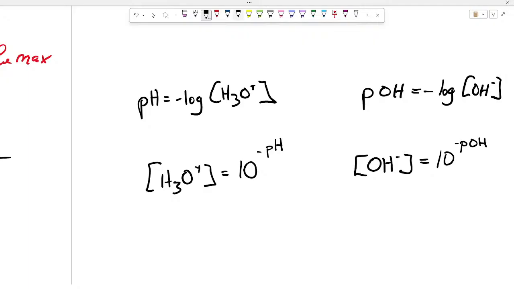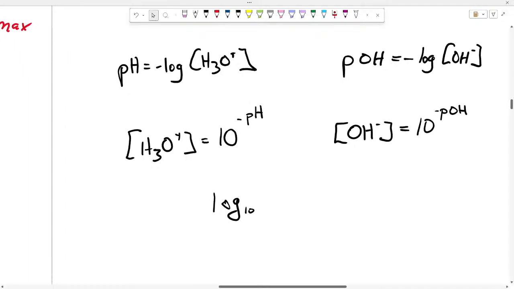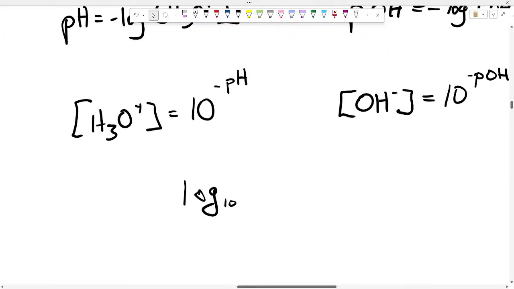What does regular log do? The truth is that every log has a base. The default is 10, so if they don't write the base, it's 10. That's kind of an arbitrary thing. The log base 10 of, let's say, 1,000 is equal to what?